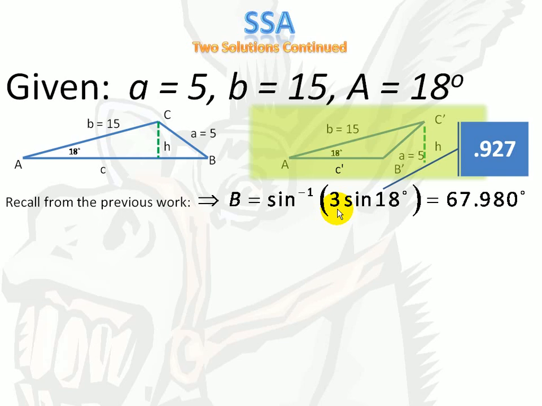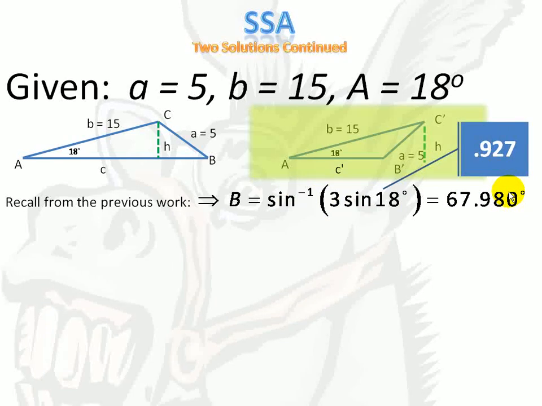But now, look, when you take the inverse sine, it's going to give you an angle in quadrant 1. However, we know that this 0.927 is the value for sine. In other words, this is saying what angle will give you a sine of 0.927? Well, 67.980. But that's in quadrant 1.